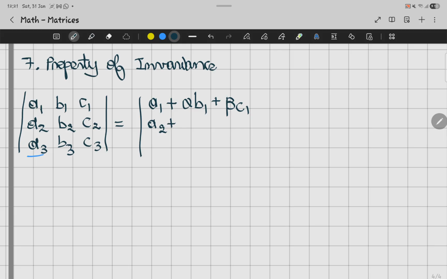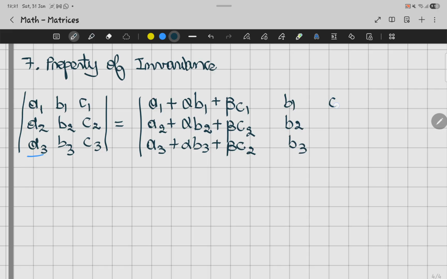A2 plus alpha B2 plus beta C2. A3 plus alpha B3 plus beta C2. And then the rest is going to remain the same. This is what you're going to notice.